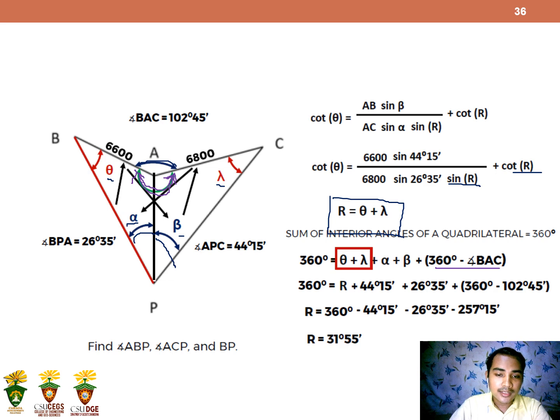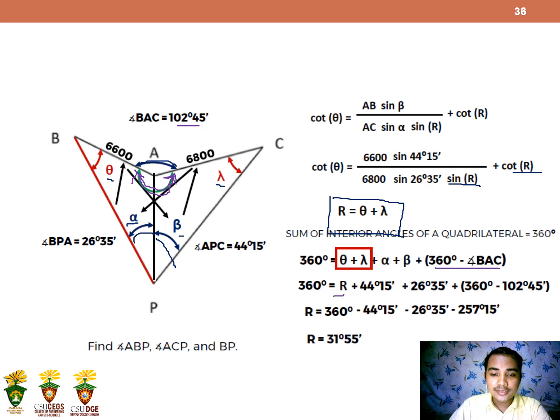So we're going to substitute or replace theta plus lambda with R, plus the value of alpha, which is 44 degrees 15 minutes, plus beta, 26 degrees and 35 minutes, plus 360 degrees minus 102 degrees and 45 minutes.